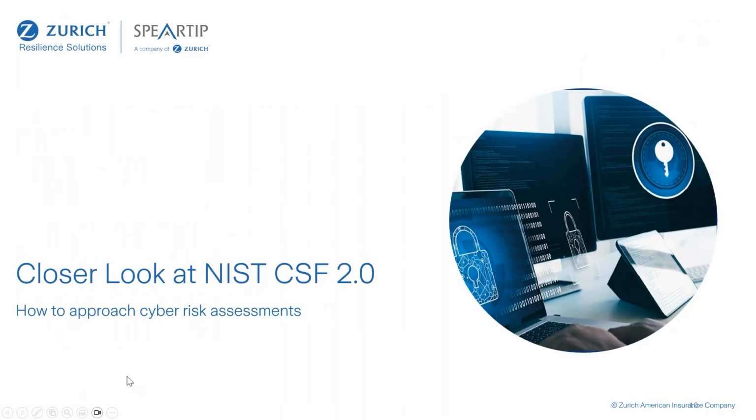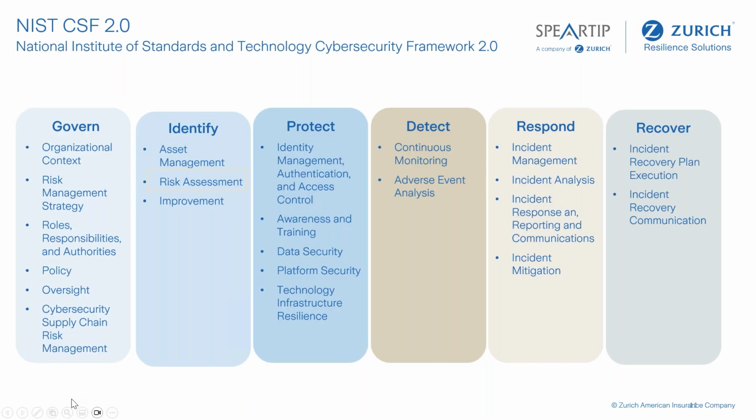So I said we'd do a deeper dive into one of the frameworks. The NIST CSF 2.0 is the one that we've used the most, so we'll skip on to the next slide here. The NIST CSF, or the NIST Cybersecurity Framework, is by the National Institute of Standards and Technology. This is an open source framework.